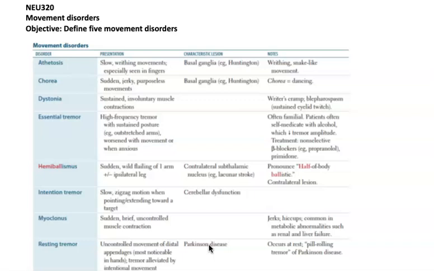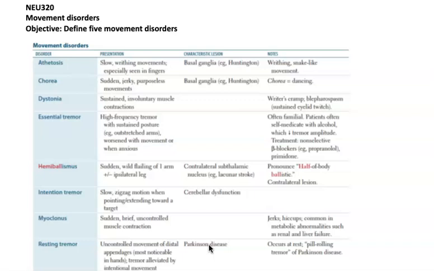And how do you stop that from happening? How do you prevent that from happening? And how do you recover after you've already had that neuronal cell loss? And that's the biggest challenge. So what we'll see in the treatments is that we're really just mitigating or moderating the symptoms of these disorders.